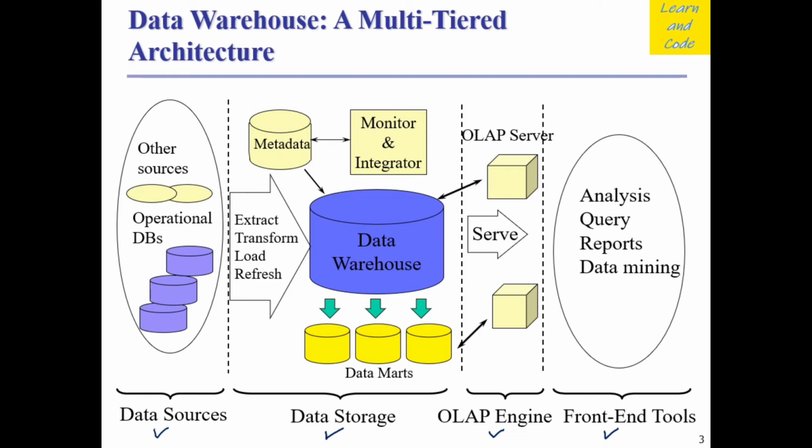So this is the first component of a data warehouse, and that is the data source. Here you can see we have data from multiple sources, starting from operational databases, and from other sources like files and web.